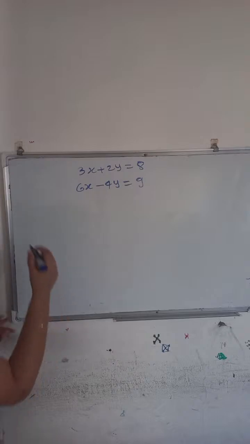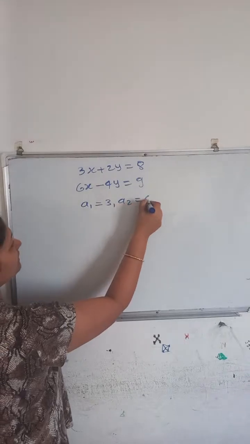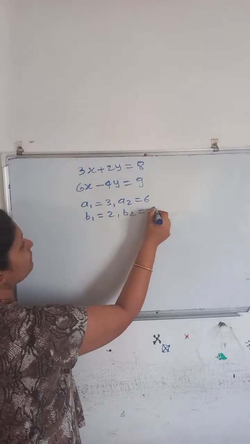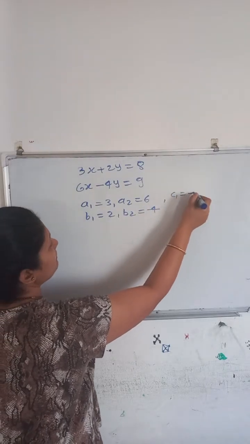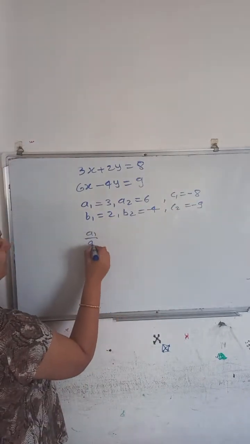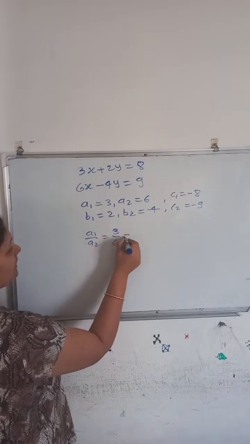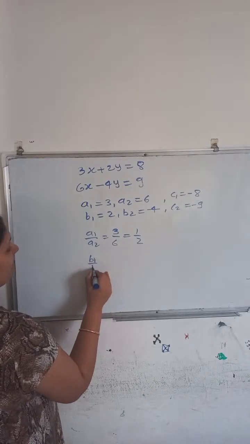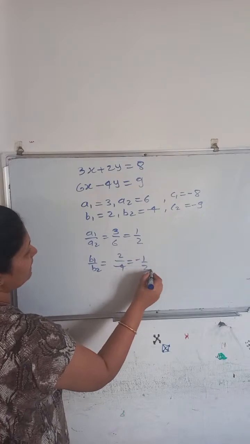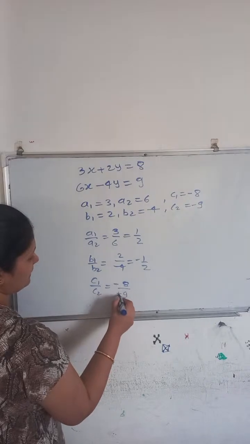So here a1 is 3, a2 is 6, b1 is 2, b2 is -4, c1 is -8, c2 is -9. So a1 by a2 is 3 by 6, that is 1 by 2. b1 by b2 is 2 by -4, that is -1 by 2, and c1 by c2 is -8 by -9.